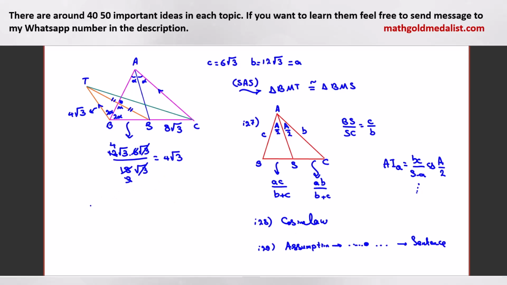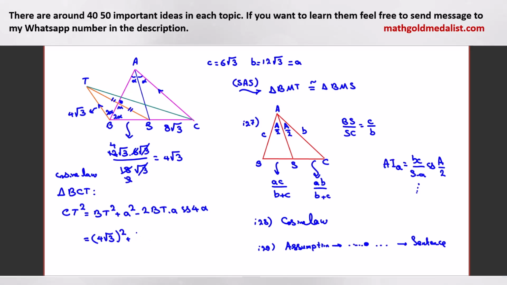So, CT squared by cosine law is what? In which triangle? In triangle BCT. Cosine law: CT squared is BT squared plus BC squared minus 2 times BT times BC cosine 4 alpha. We know BT is 4 root 3 squared.